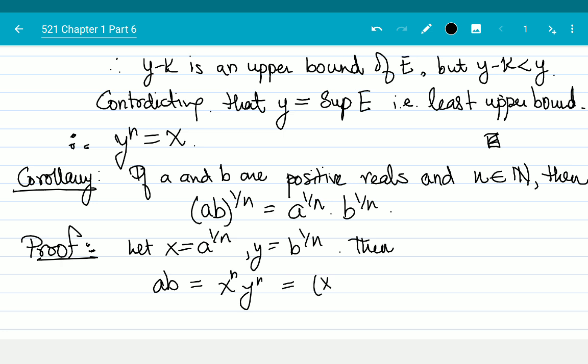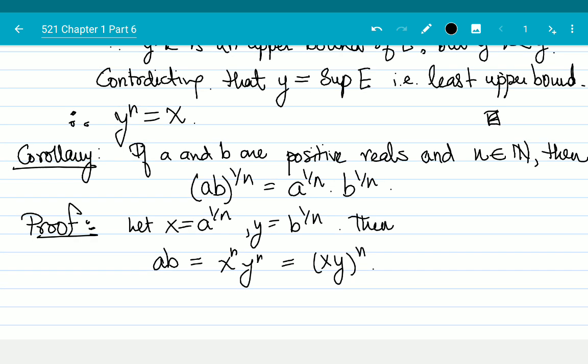Well, that is also equal to (xy) to the n, right? Because x and y are reals and they are commutative, as the reals are commutative under multiplication.